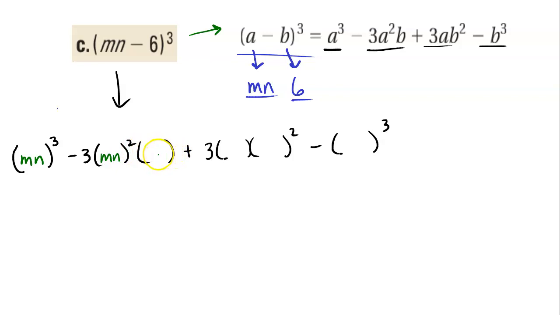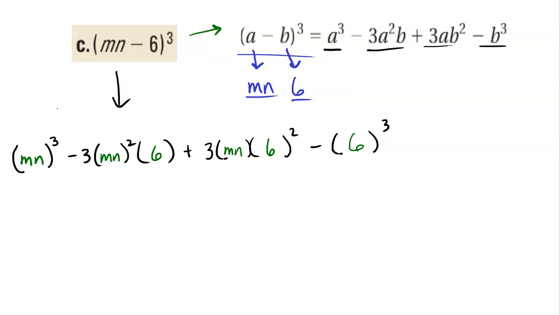My b value is 6, so this is a 6 right here, plus 3 times a, so again, this one's mn, but times b squared, my b is 6. And then minus b cubed. Well, b again is 6. So there's my whole thing. I took that whole pattern and we just plugged in or substituted a and b in there for it. So we have our answer.